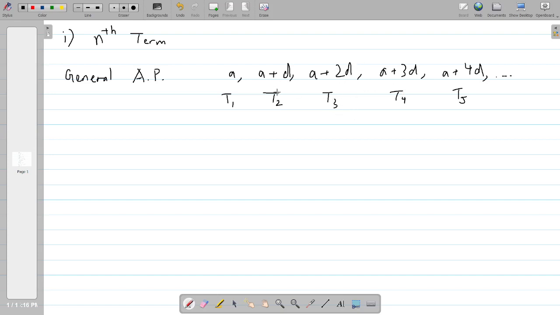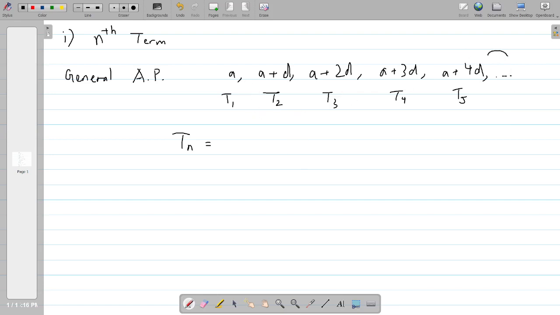Because here there's no d, here there's 1d, and here there's 2, 3, and 4, and so on. So we notice that this number is always 1 less than the actual n. If we do some pattern spotting, this will work for every subsequent term. We're just going to keep adding 1d each time.